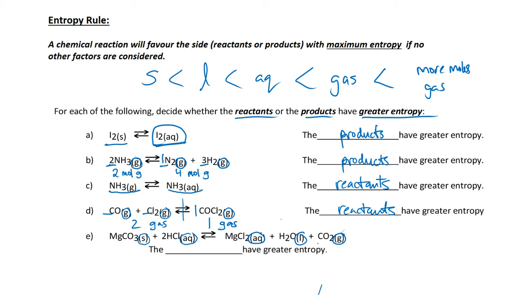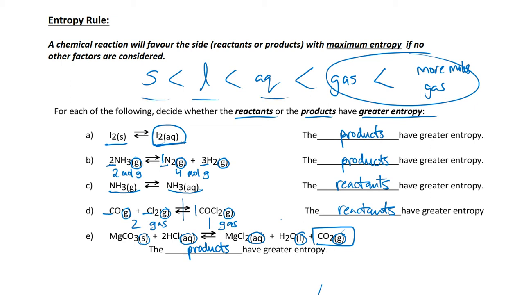As soon as you see gases, and you don't have any gases on the reactant, the left-hand side, then we know that our products are going to have the highest entropy. So really look for gases first. If you have them on both sides, count them up to compare each side. And then you can look on down the line as to whether you have solids, liquids, aqueous, that sort of thing.